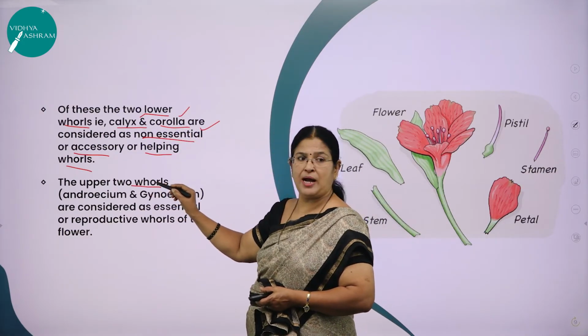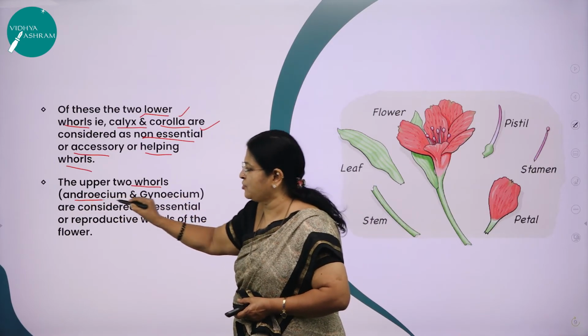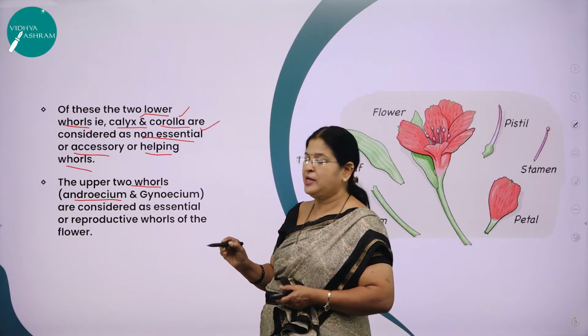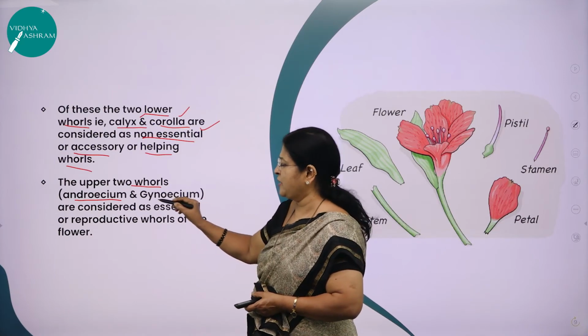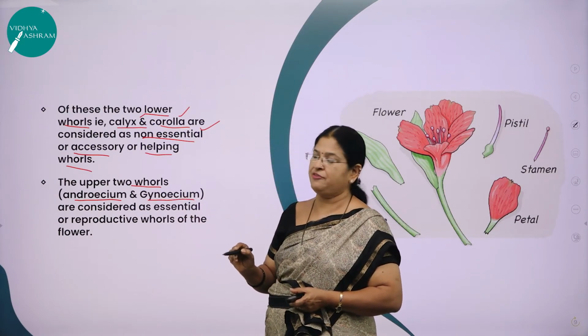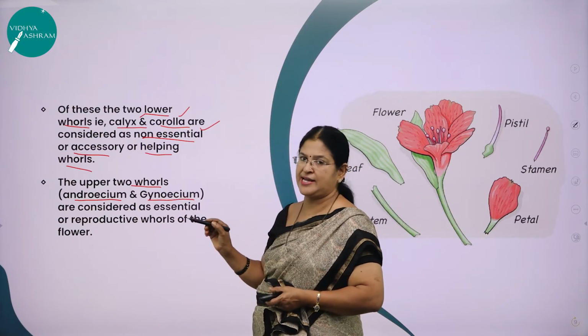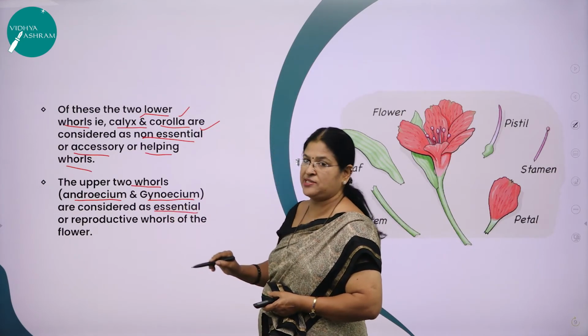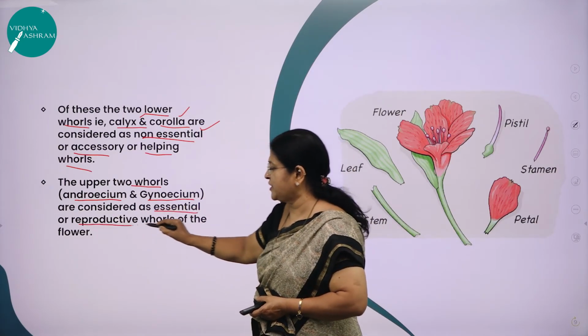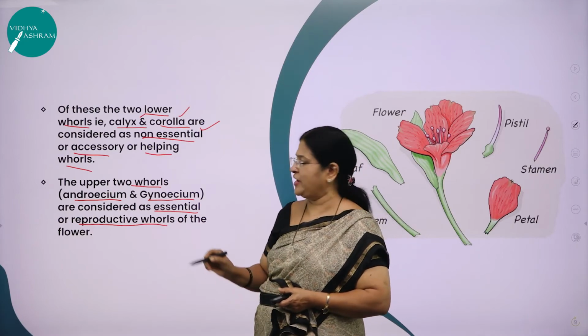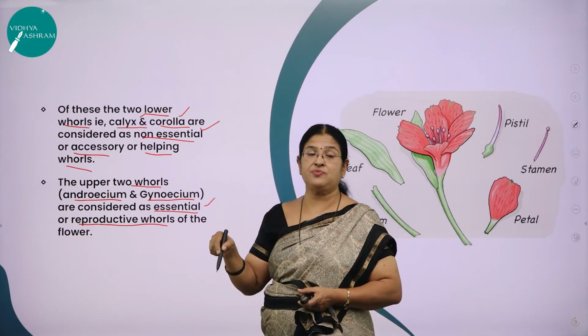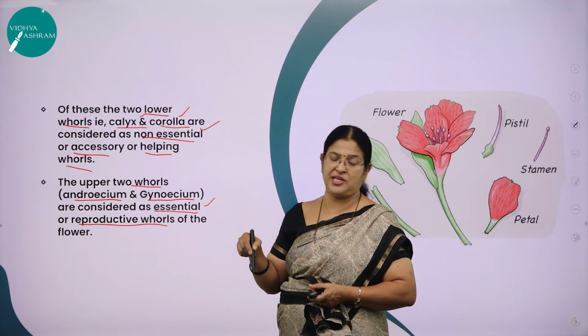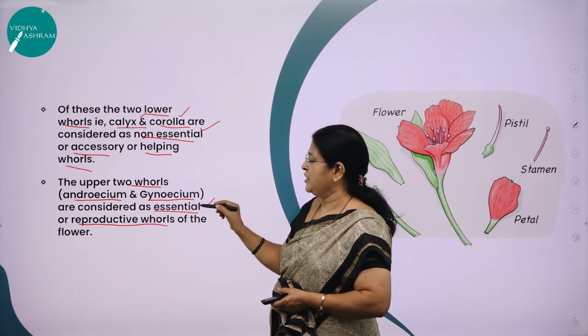The lower 2 whorls are calyx and corolla. What are the 2 upper whorls? Upper whorls are androecium. What is androecium? Androecium is the male reproductive structure of a flower. What is gynoecium? Gynoecium is the female reproductive structure of a flower. And as I said, they are considered as what? Essential. Or they are also considered as what? Reproductive whorls of a flower. Why are they called essential? They are the ones actually involved in the process of sexual reproduction, hence the name essential.